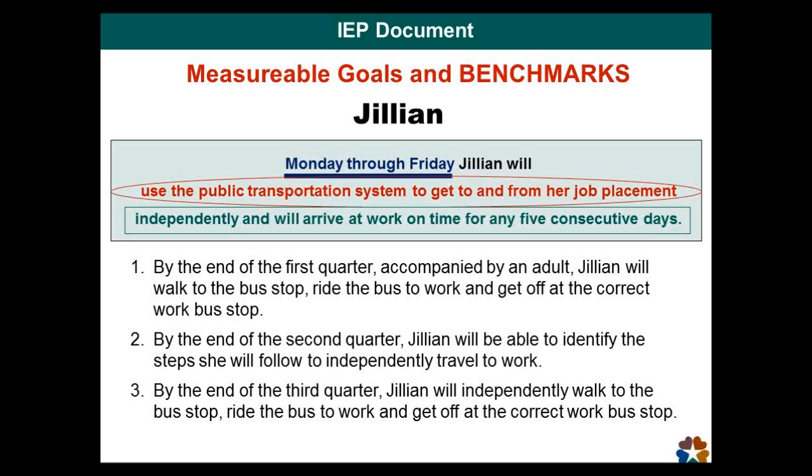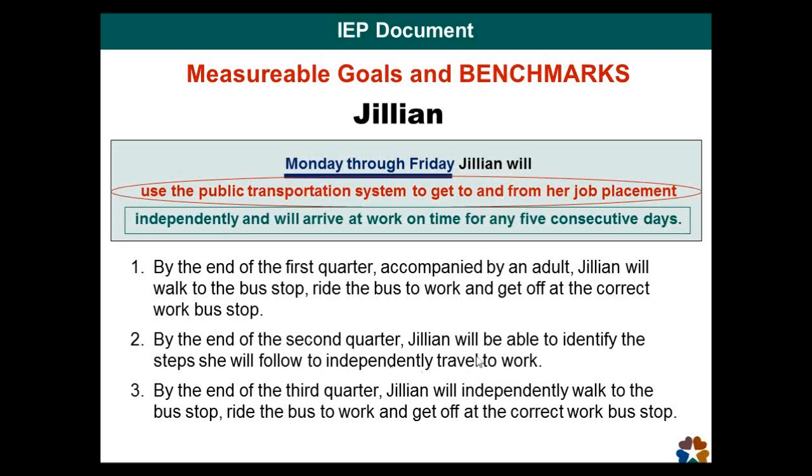So as you can see, we've broken down this goal into a smaller step or steps. And we've also identified by what time she's going to achieve that. Okay, so we're hoping that by the end of the first quarter, she will have been able to achieve this. So then building upon this skill, by the end of the second quarter, she will then be able to identify the steps she'll need to follow to independently travel to work.